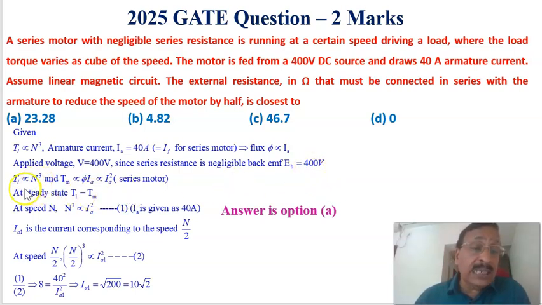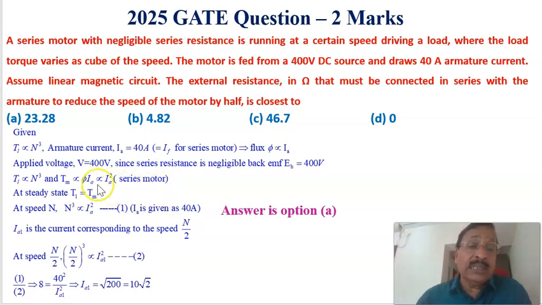Here the basic relation is that load torque is proportional to the cube of the speed. In a DC series motor, the torque produced by the motor, Tm, is proportional to phi into Ia. Since phi is proportional to Ia, Tm is proportional to Ia square.